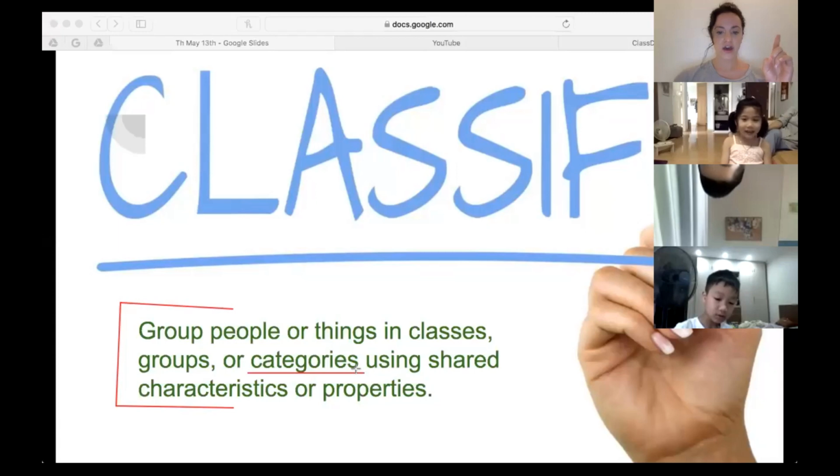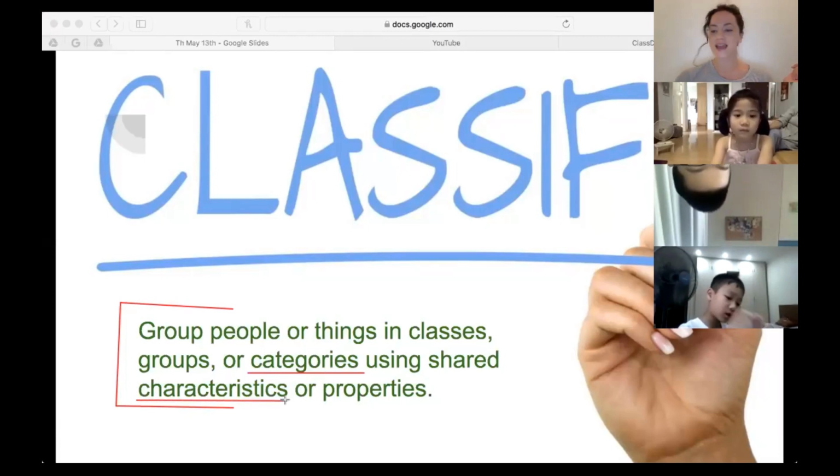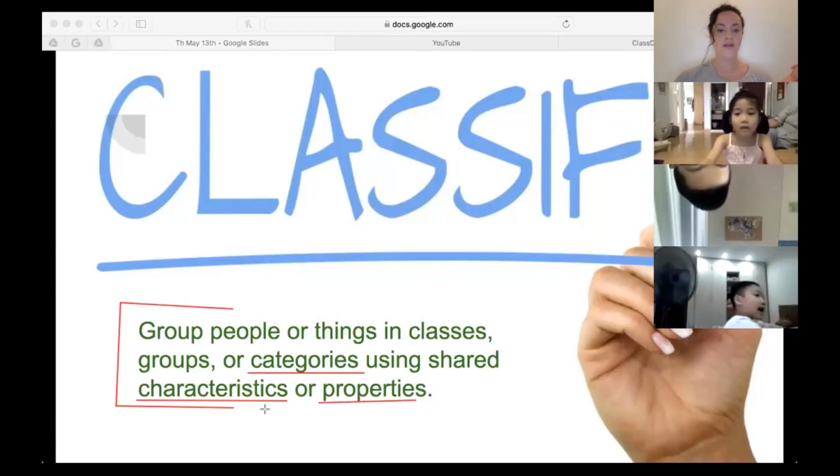Categories. Good. Categories is another word for groups. And we all know the word characteristics, right? We've seen this word before. Characteristics or properties. These are almost the same.